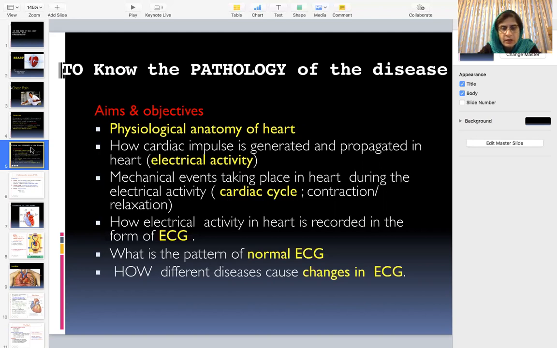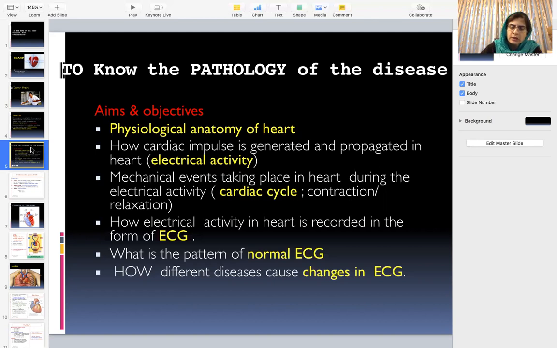Now, the electrical activity is recorded, which is called the ECG, electrocardiograph. So you should know the normal pattern of the ECG, and only if you know the normal pattern can you diagnose different disease conditions, so you need to be taught the abnormalities in the ECG.